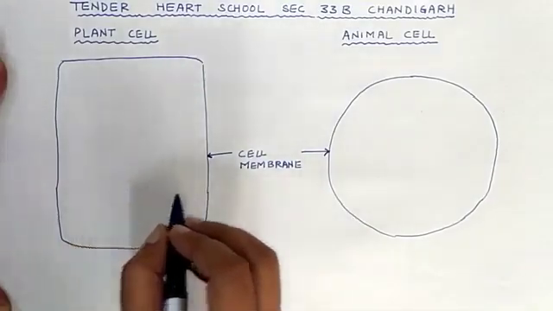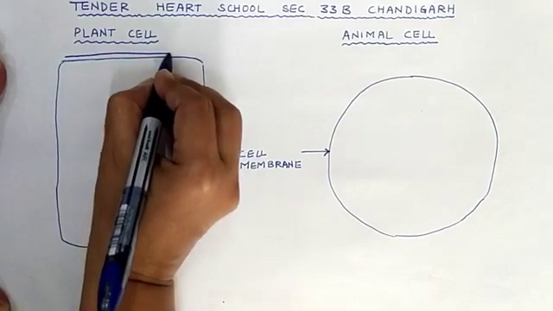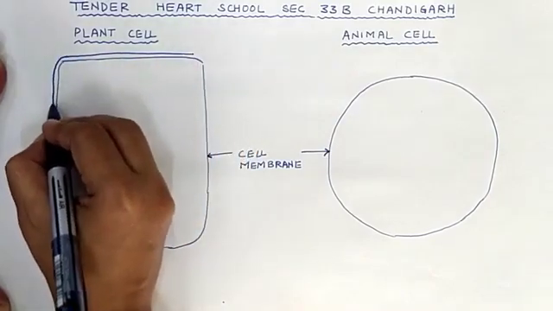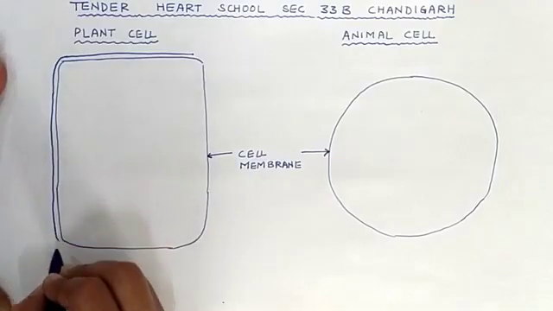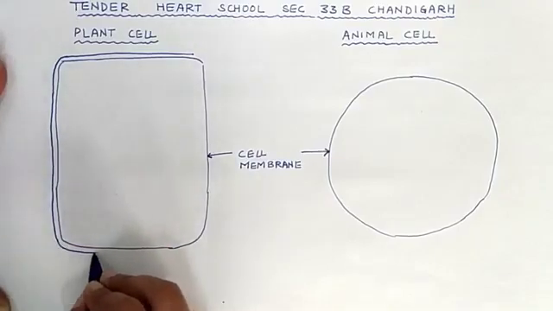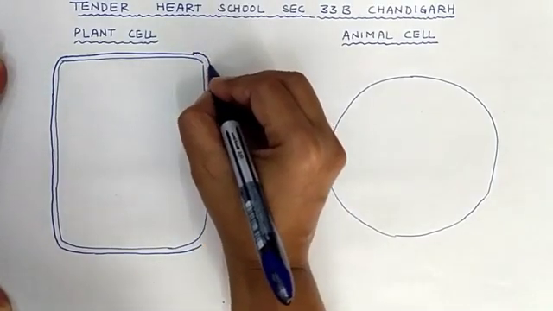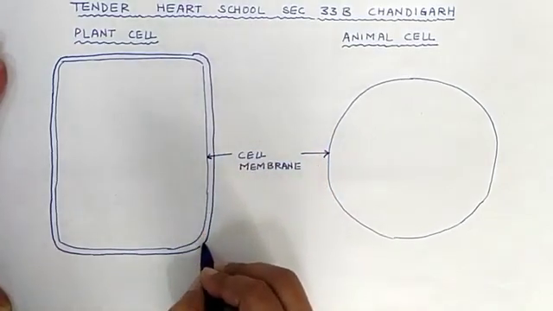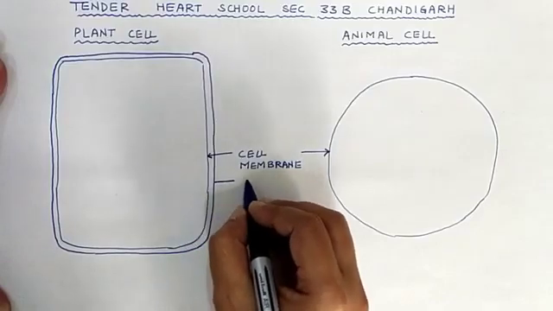But in the plant cell, outside the cell membrane, we have another layer which is called the cell wall, which is a rigid structure and giving rigidity and strength to the plant cell, because of which the plant cell can maintain its shape. So this outermost layer in a plant cell, which is not present in the animal cell, this is the cell wall.